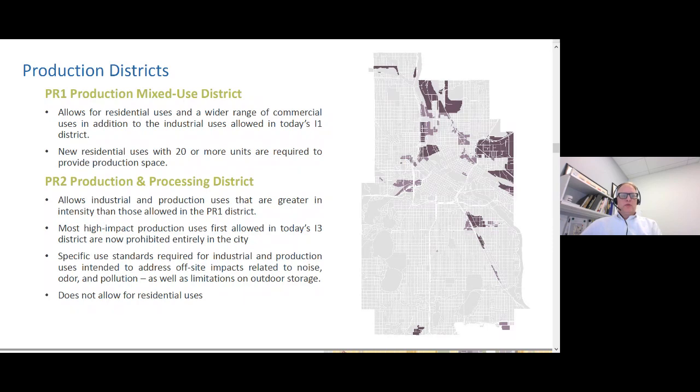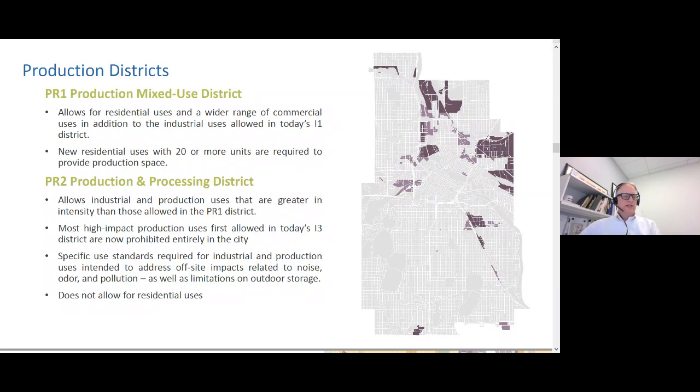But when developing 20 or more units of residential in that zoning district, there is a requirement to include production space within the development. The production space is required to meet or exceed 15% of the first floor area of the development, though that space is not required to be within the same building as the residential use.